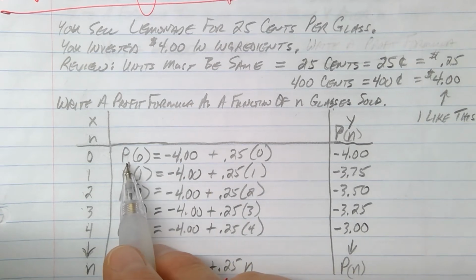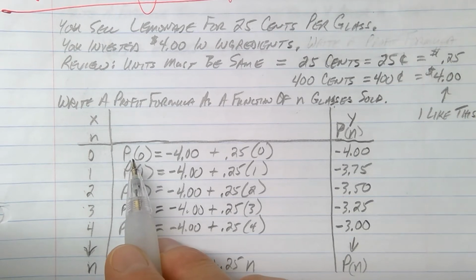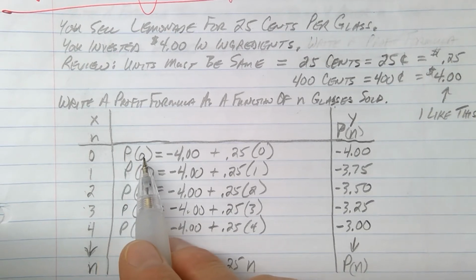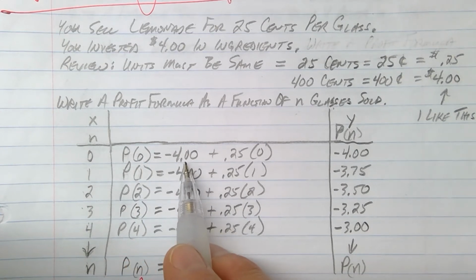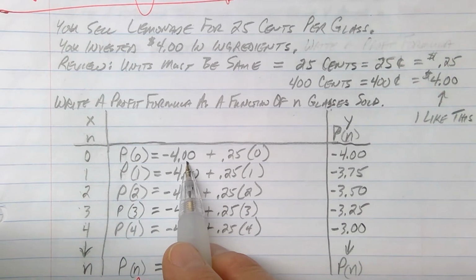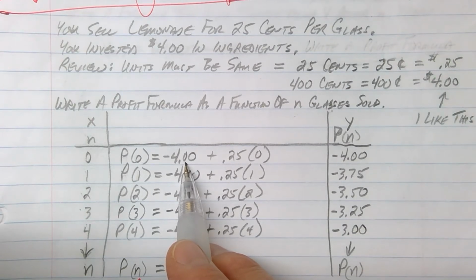So how much profit did I have before I had even sold a single glass of lemonade? So what's my profit when I haven't sold any lemonade at all? Well, first of all, I'm in the hole. I had to go to Walmart and spend $4 of my own money. This is kind of like when you want to start a business. You have to go to the bank and ask them for a loan.